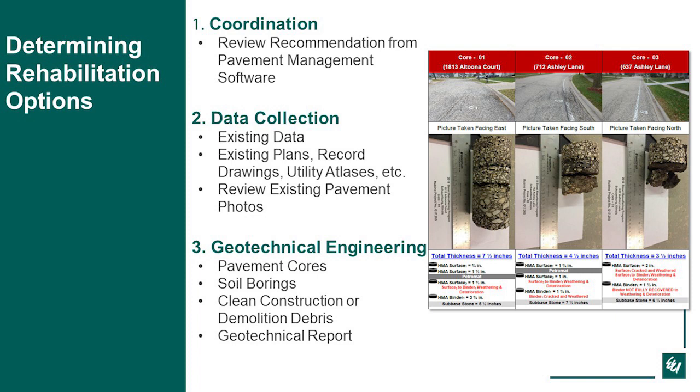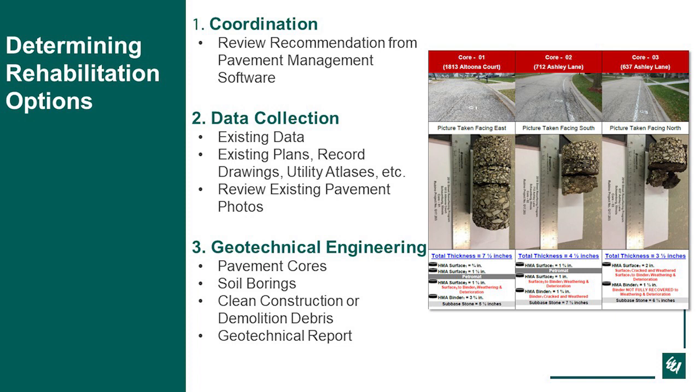Another important thing about the cores, when we get into some of the other things we're going to discuss, is about the existing pavement interlayers such as Petromat or other fabrics, because some of the alternate strategies can't be done with those fabrics in place.